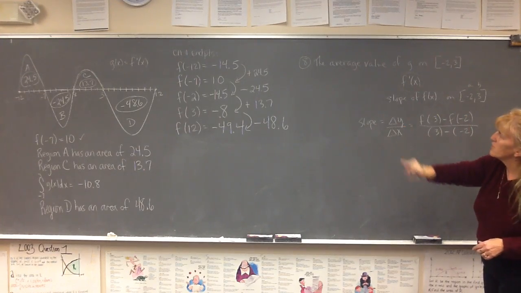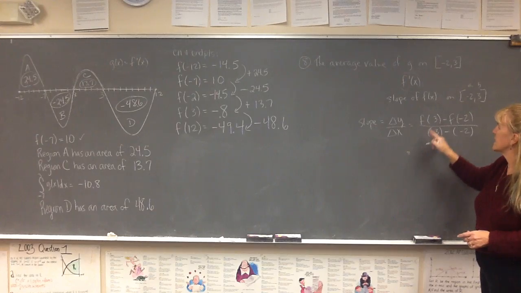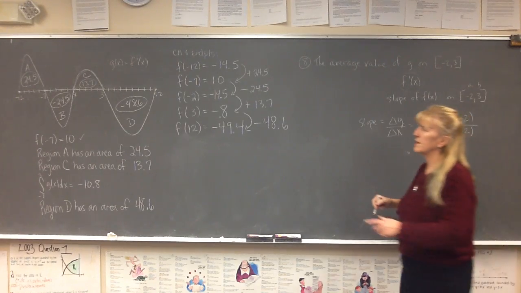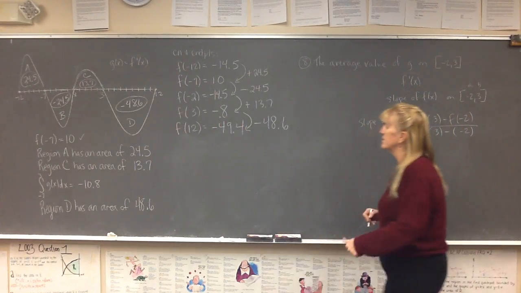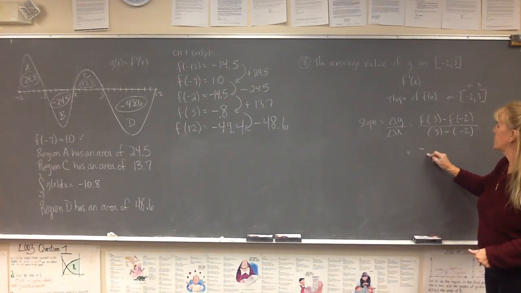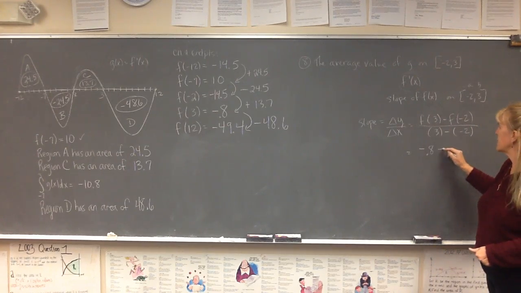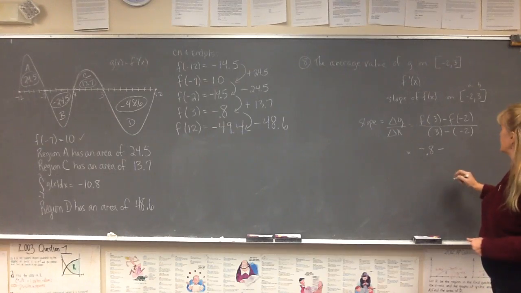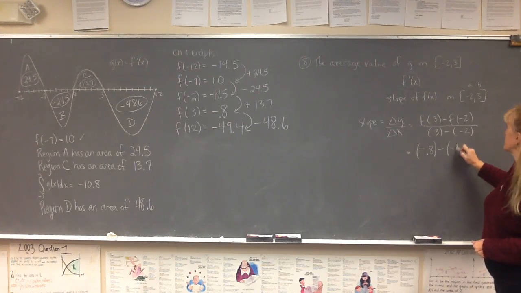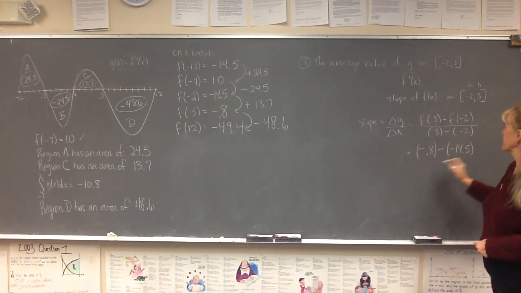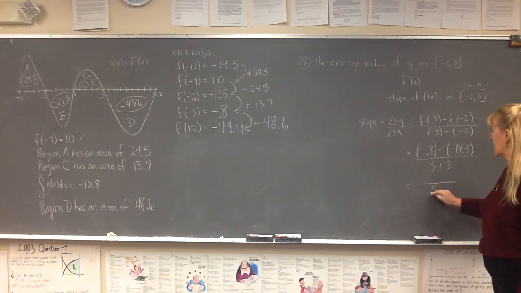So I need to go back over to my work over here, and I need to find f of 3. f of 3 was -0.8, so I substitute my -0.8 in here for f of 3, minus f of -2, which is a negative, so I'll put my parentheses down here, -14.5, all over 3 minus -2, which becomes 3 plus 2, which is a 5.